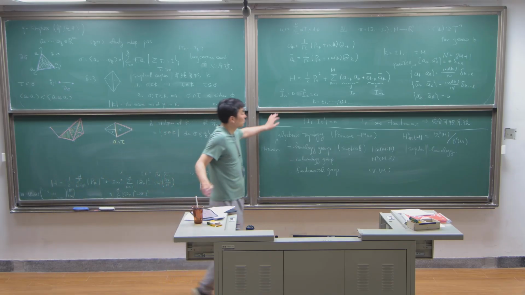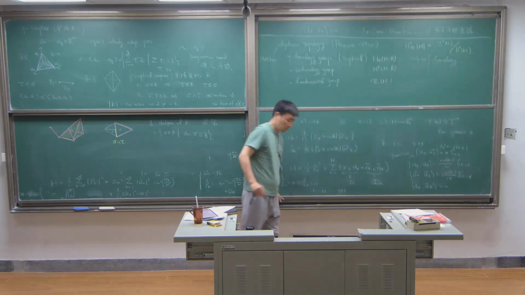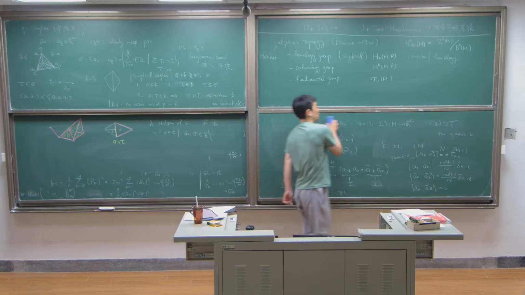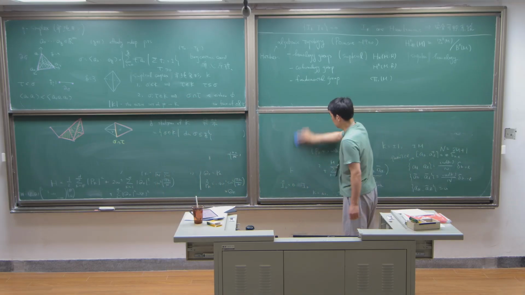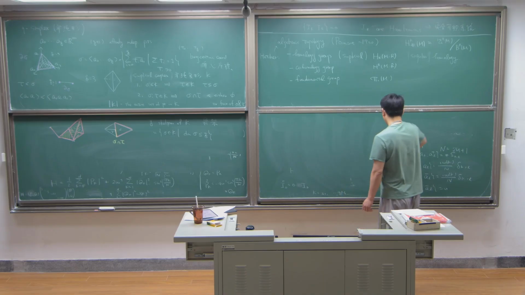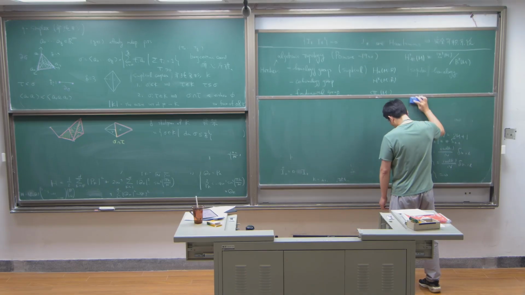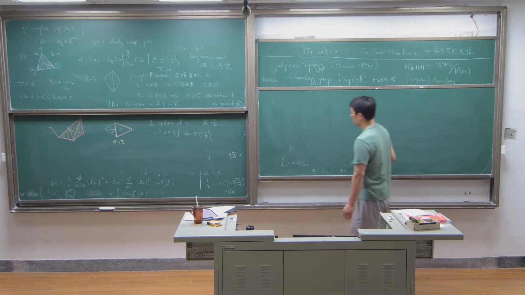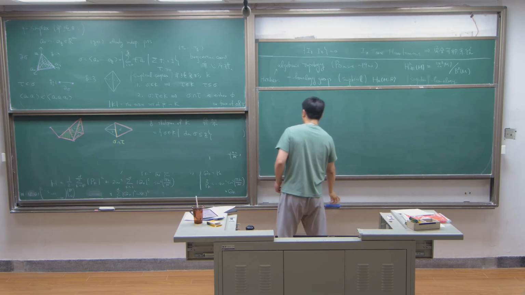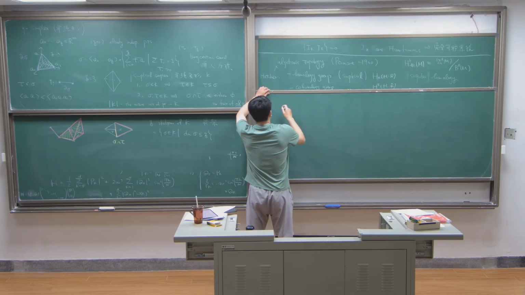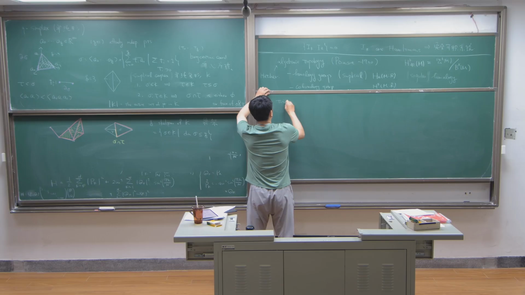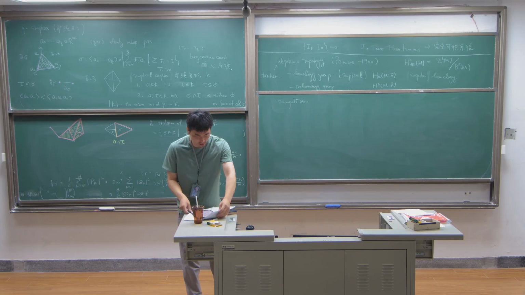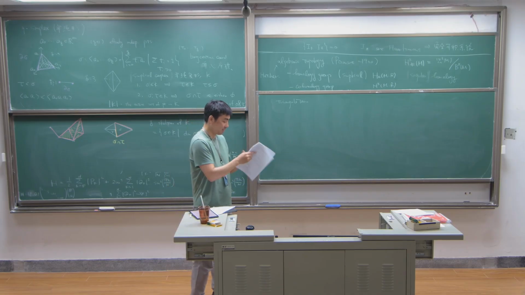And then we consider the so-called triangulation, a triangulation of some space. How to say it in Chinese?